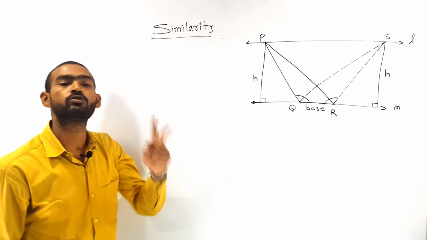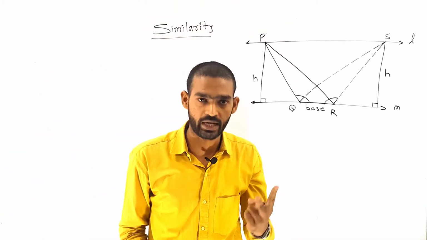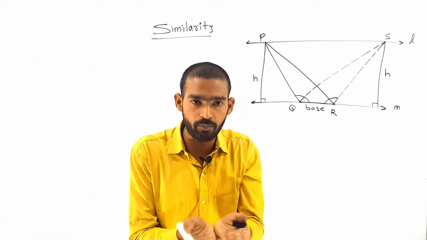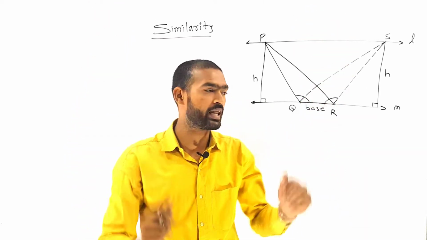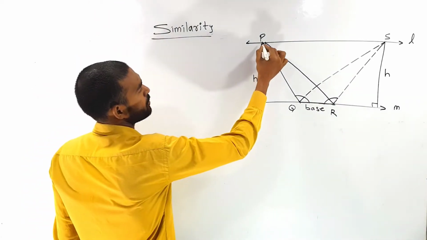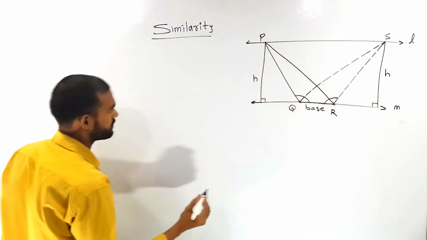So here we'll see two triangles with common base and equal height. The first triangle is PQR.